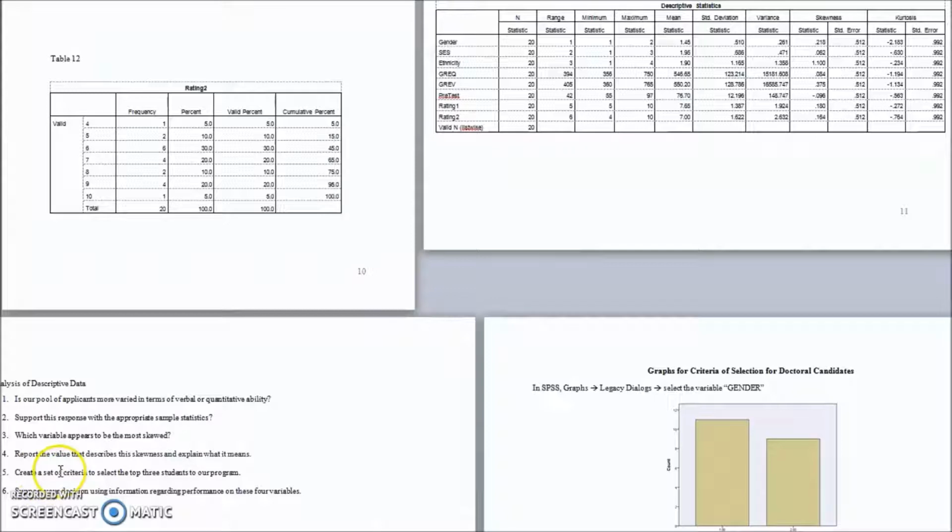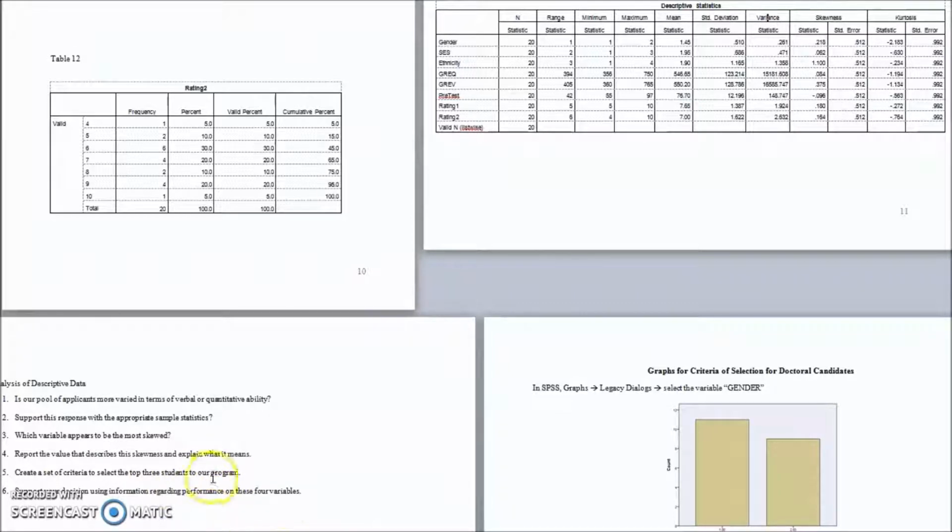Create a set of criteria to select the top 3 students in our program. This is a really good question. If I want to select the top 3 students, what would be my criteria for it? I want to see what you guys come up with as the answer to this question, and I may give bonus points for this question because I think this is a really good one, because you are going to support your decision using the information.